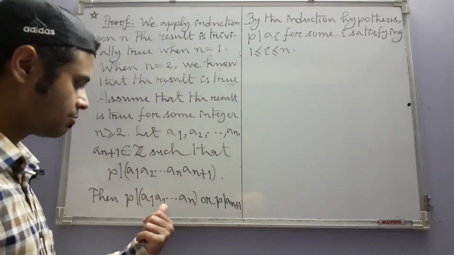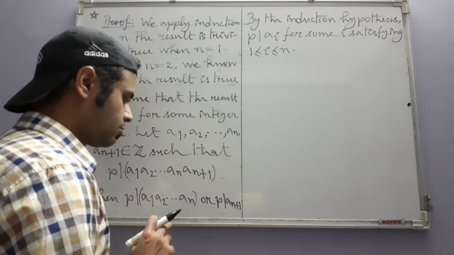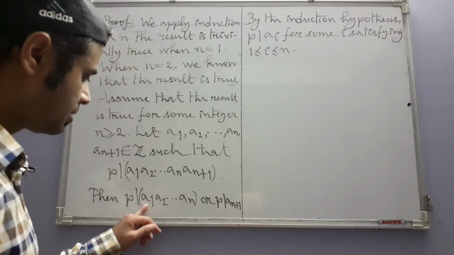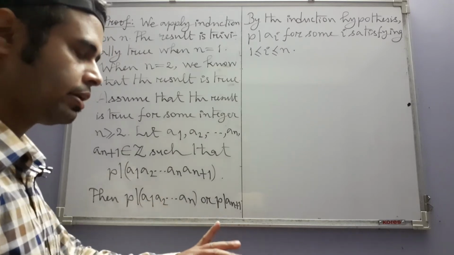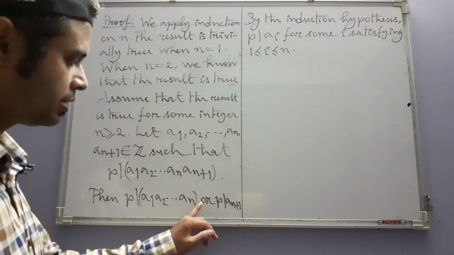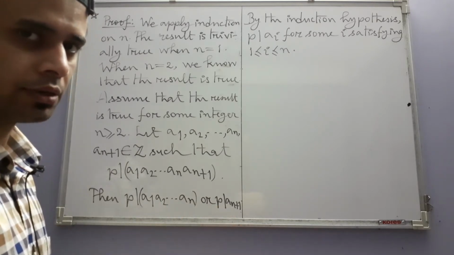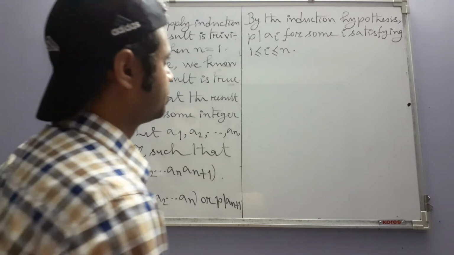So P has to divide at least one A_i from here. So that means either P divides A1 or A2 or A3 like that, or P divides An. Combine that with this one, or P divides A(n+1), we get our induction step.